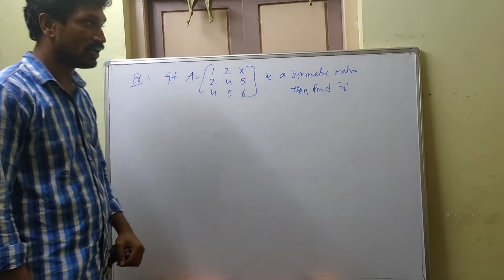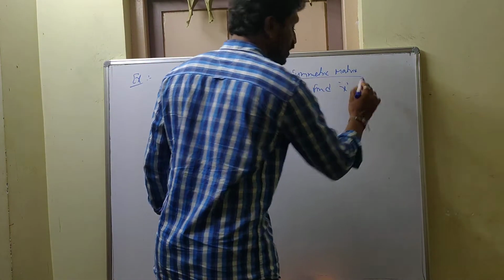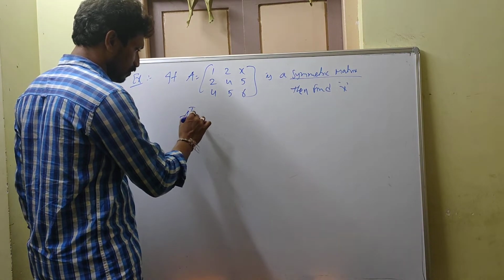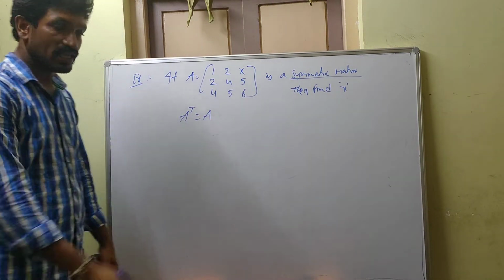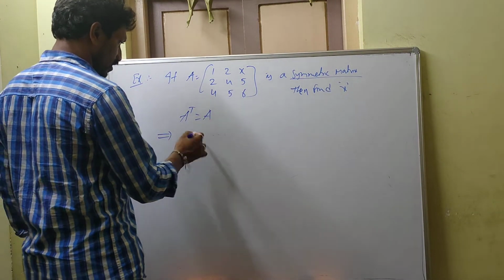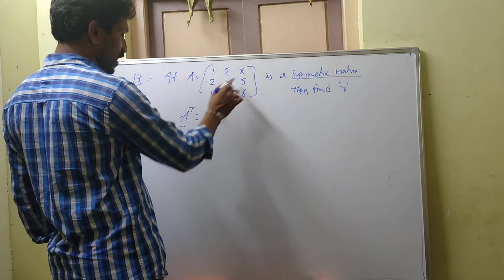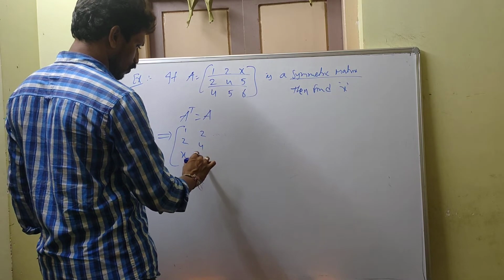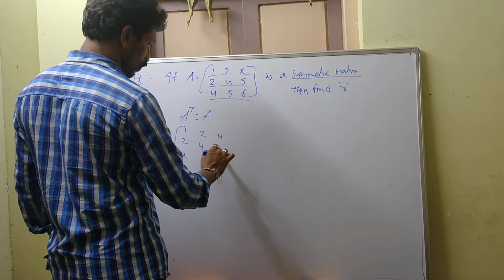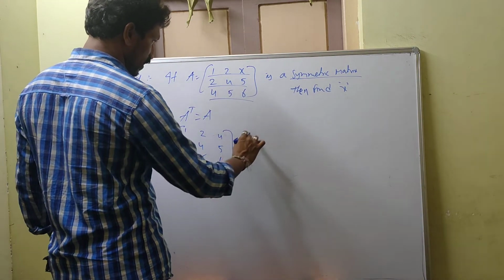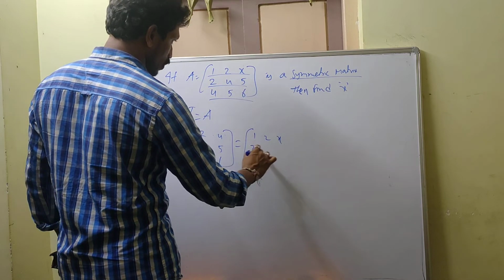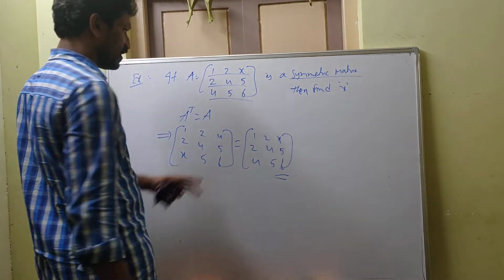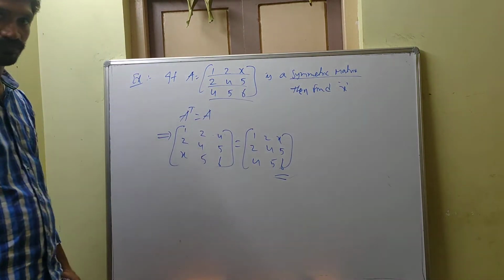How can you find it? What is the condition given? Symmetric. So symmetric means what can you take? A transpose is equal to A. So A transpose, what is it? Rows as columns: 1, 2, x; 2, 4, 5; 4, 5, 6, is equal to 1, 2, x; 2, 4, 5; 4, 5, 6. Here I have written the same A matrix.